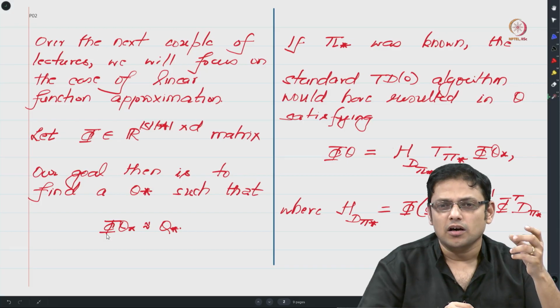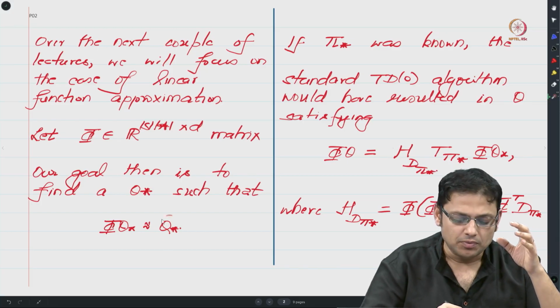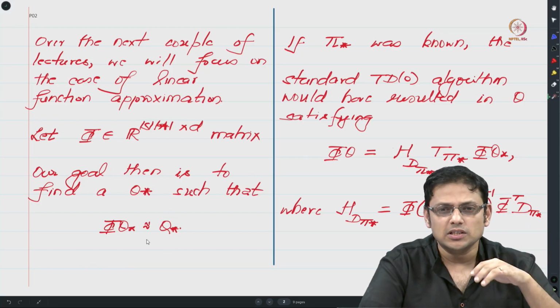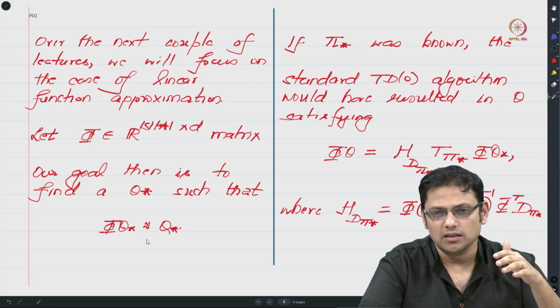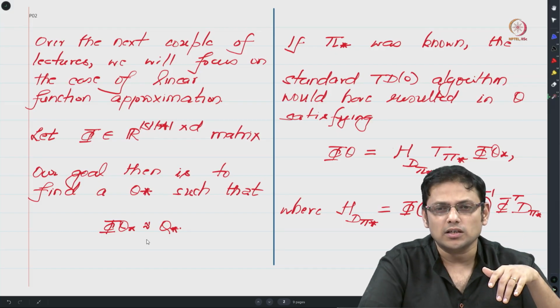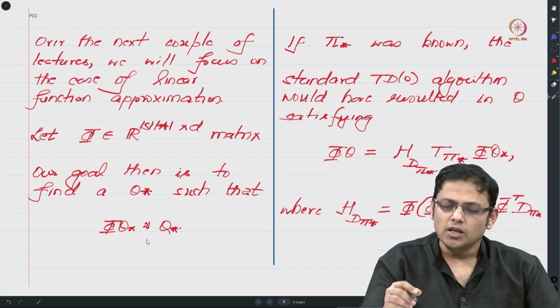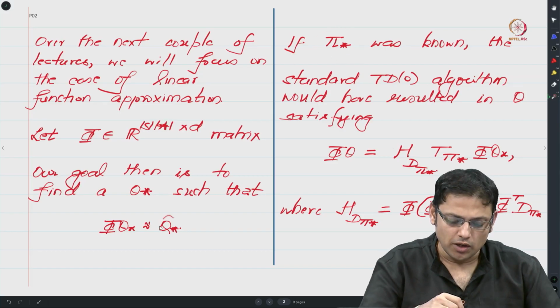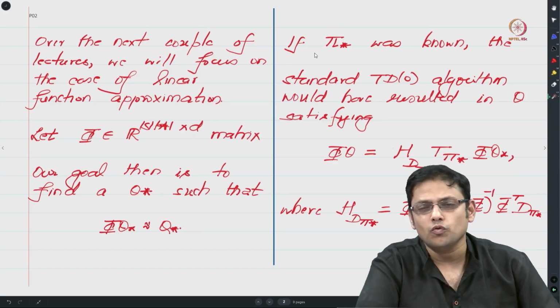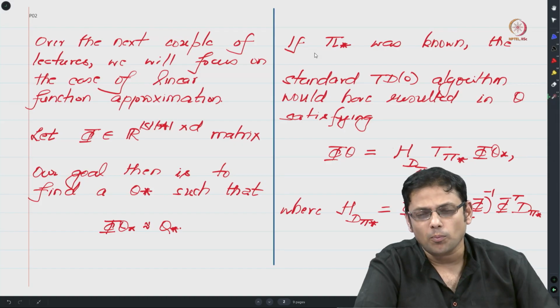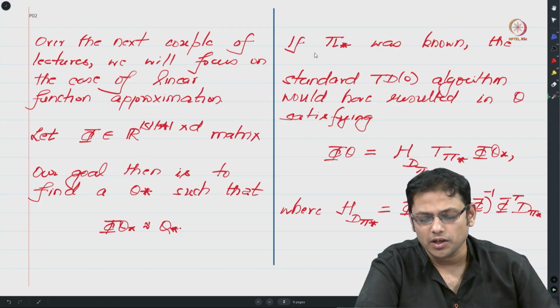In other words, we want to find an estimate of q star within the column space of phi, and this restricted search is what we will refer to as trying to do Q learning with function approximation. Of course, if pi star was known, recall that q star is the q value associated with the optimal policy which we are denoting by pi star.